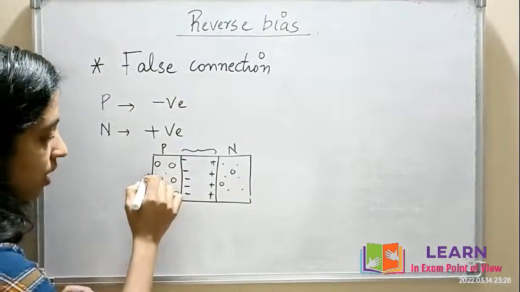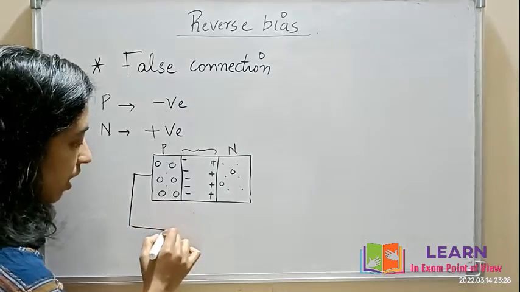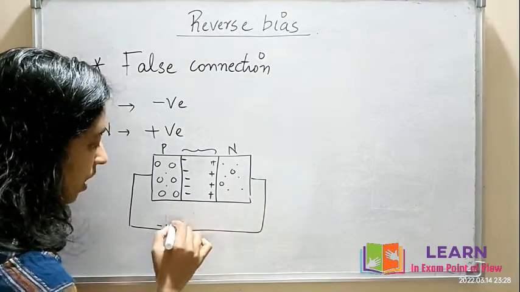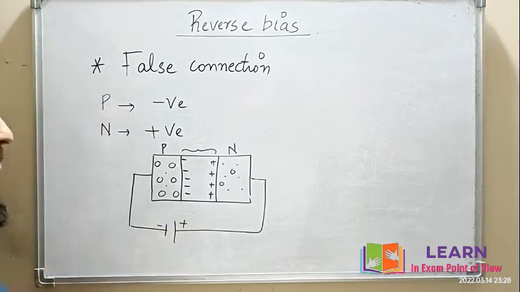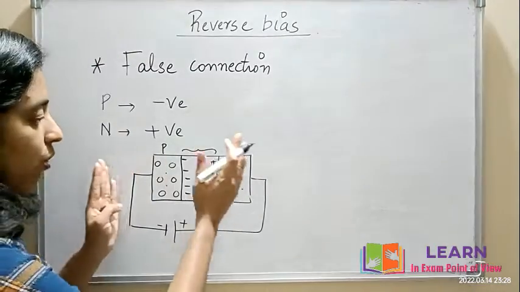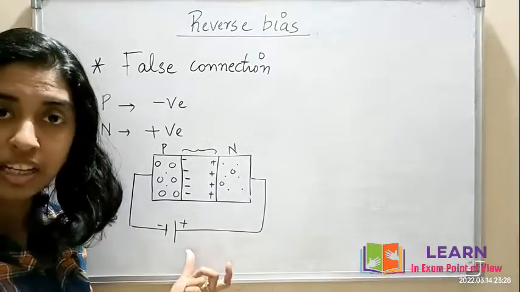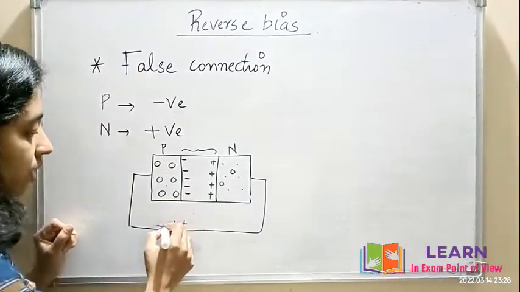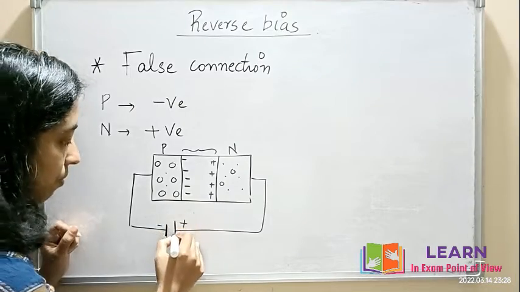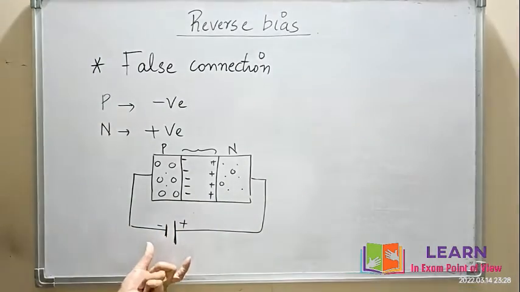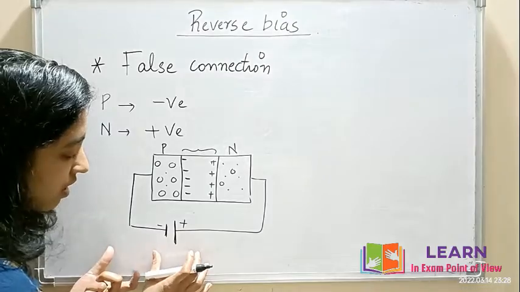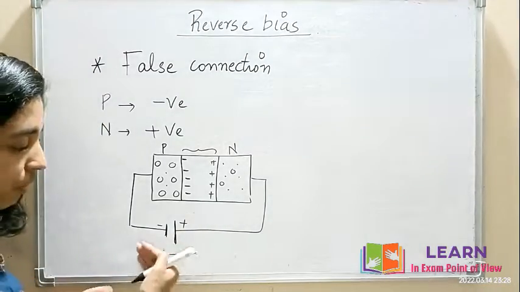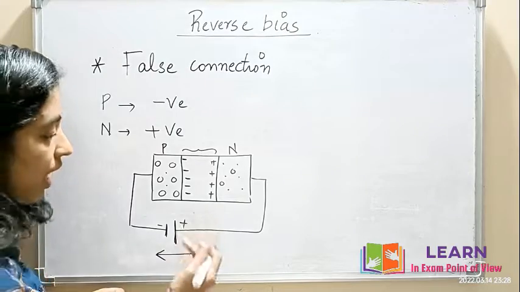Now reverse biasing means P type will be connected to negative terminal of the battery and N will be connected to positive terminal of the battery. Correct. Now this is the representation of reverse biasing. Now here in the external battery, positive to negative, electric field will be in this direction, right?